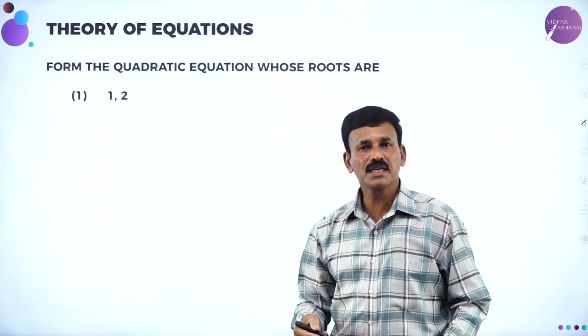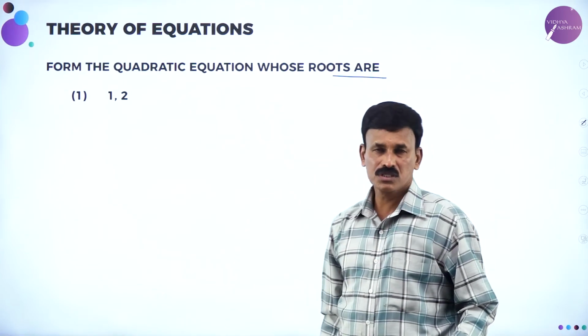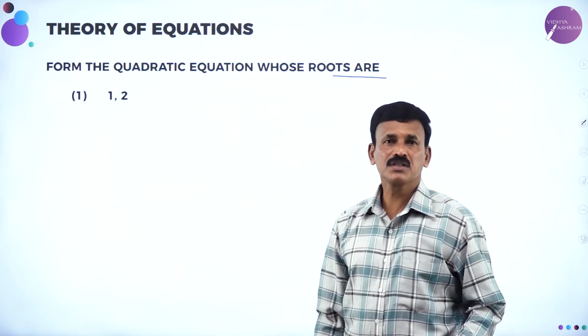Now, let us come to the next concept. Form the quadratic equation whose roots are given. In the beginning itself, I explained how to find the equation whenever the roots are given.